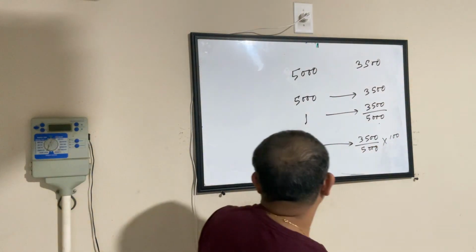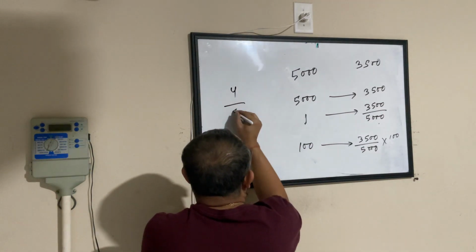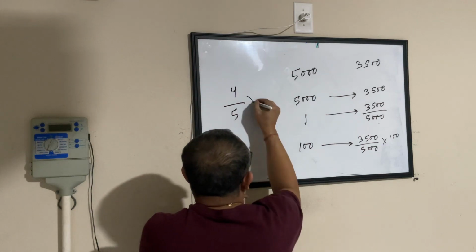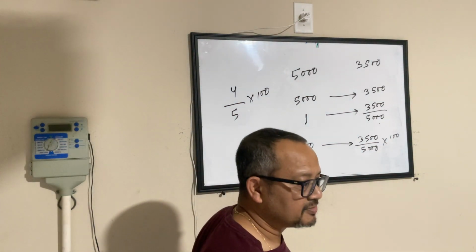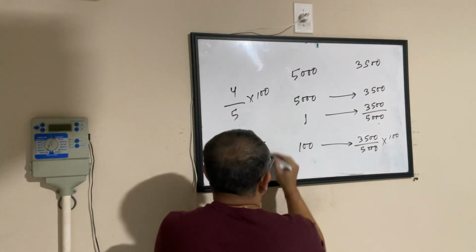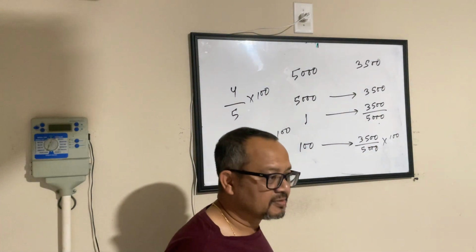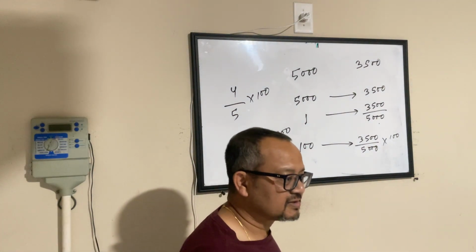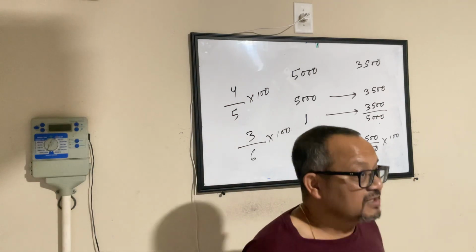That becomes a generic approach. Any number, 4 is what percentage of 5? Put 4 in the numerator, 5 in the denominator, times 100. You'll get it. 3 is what percentage of 6? 3 by 6 times 100. You'll get 50. Make sense? So that is on percentage.